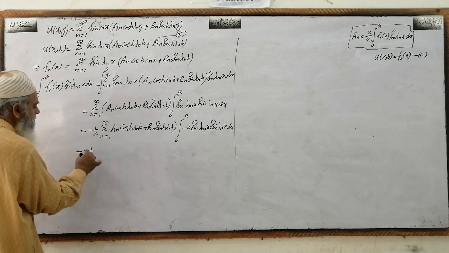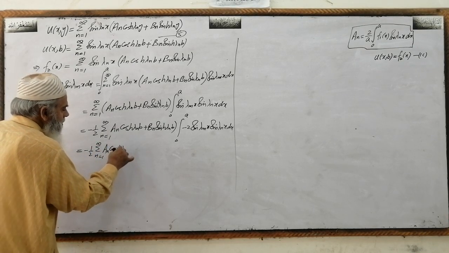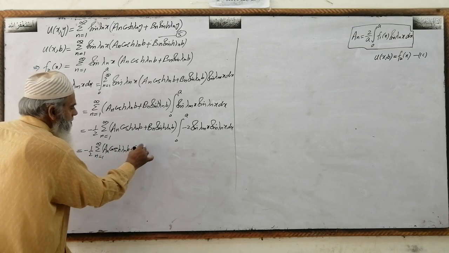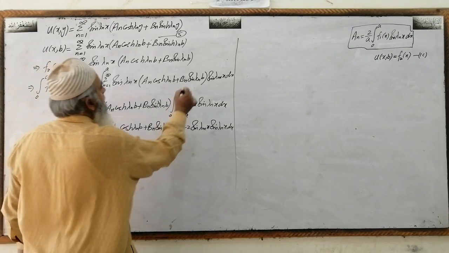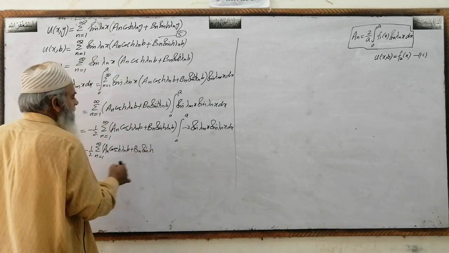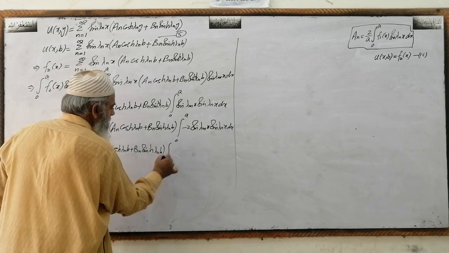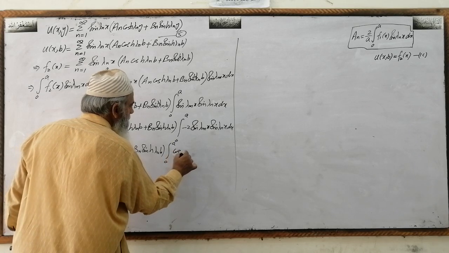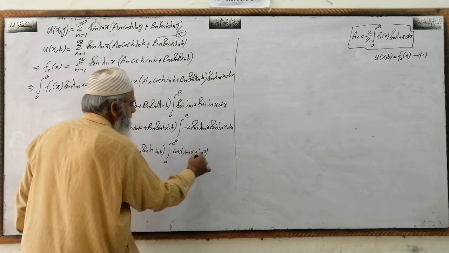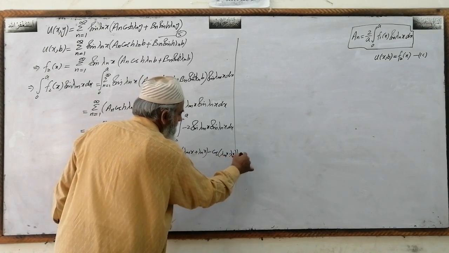And this becomes minus 1 by 2 sigma n varies from 1 to infinity [an cosh lambda n b plus bn sinh lambda n b], and this integral will become 0 to a of cos(lambda m x plus lambda n x) minus cos(lambda m x minus lambda n x) dx.